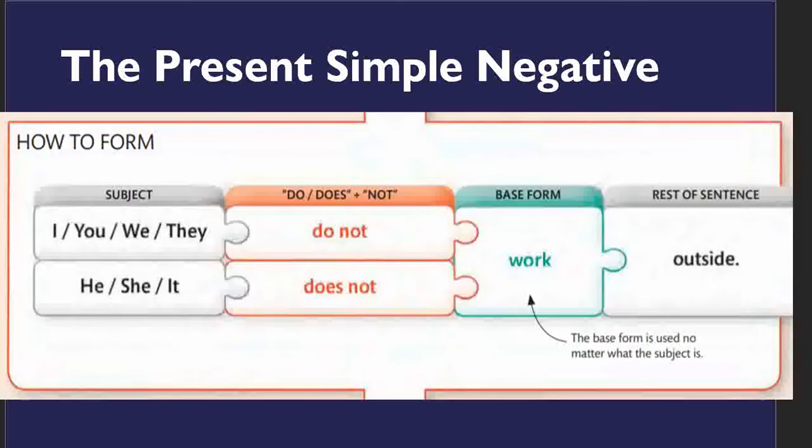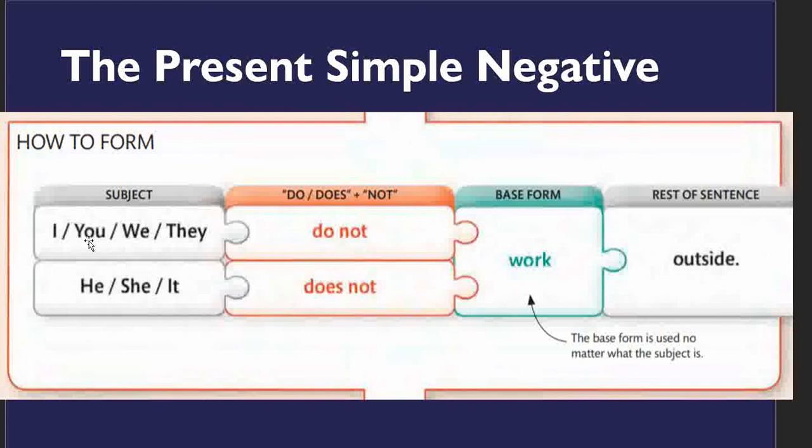Let us proceed. Now, how to form this kind of structure? I, you, we, and they. By now, you must have understood the first person pronoun, second person pronoun, first person plural pronoun, and the third person plural pronoun. These four will take do not.